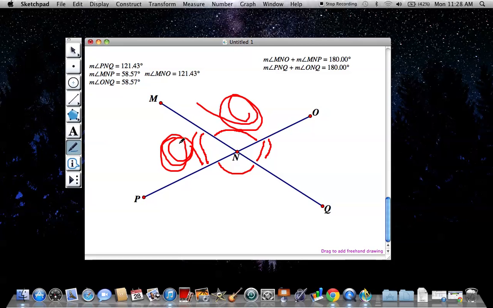They're a linear pair. The same goes for these two angles. They are also a linear pair. Okay, here as well, if I do MNP and ONQ, they form a linear pair.